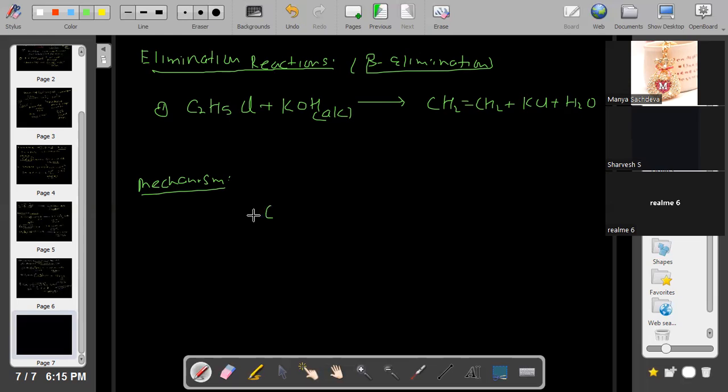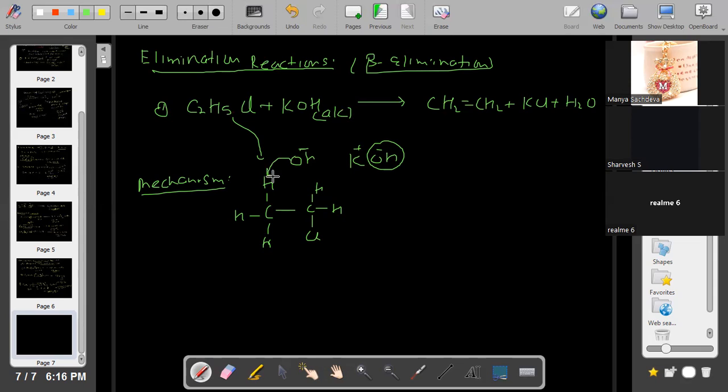We write H, H, H, C, H, Cl. Now KOH, this OH we will take. This OH attacks at this carbon. This is the base.